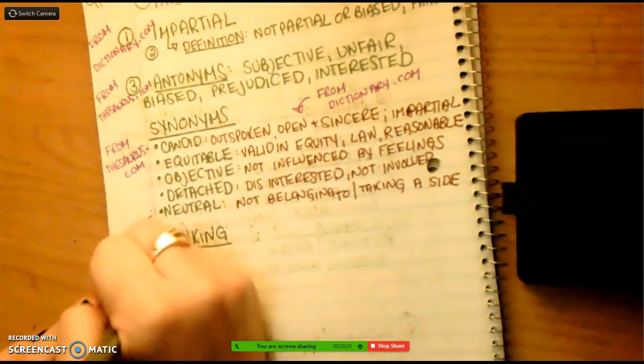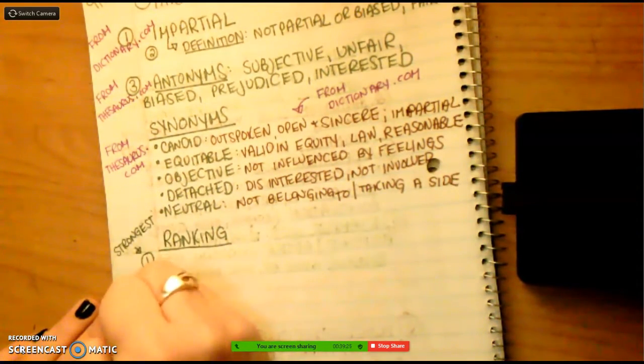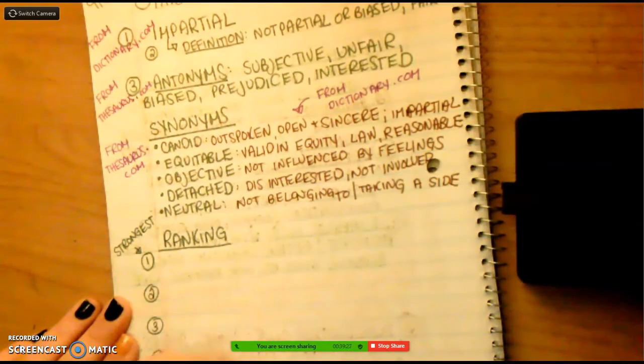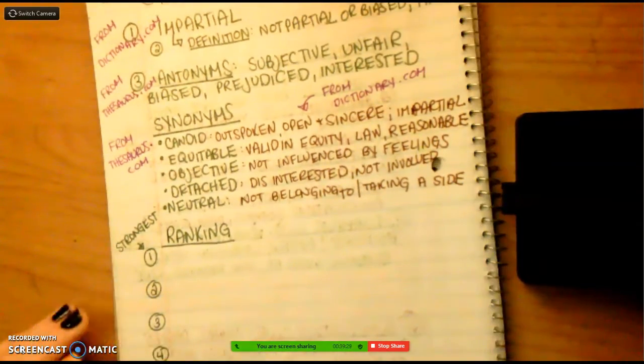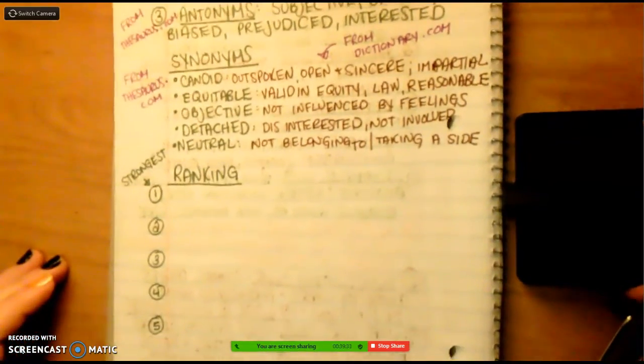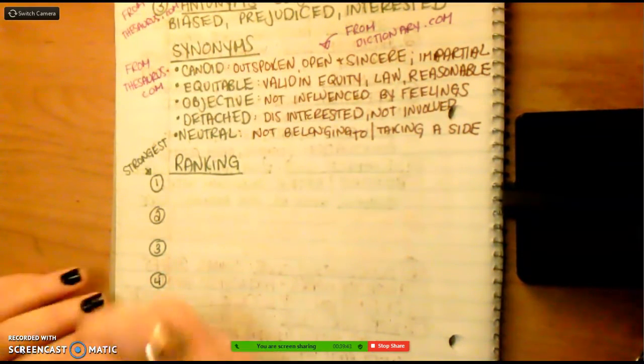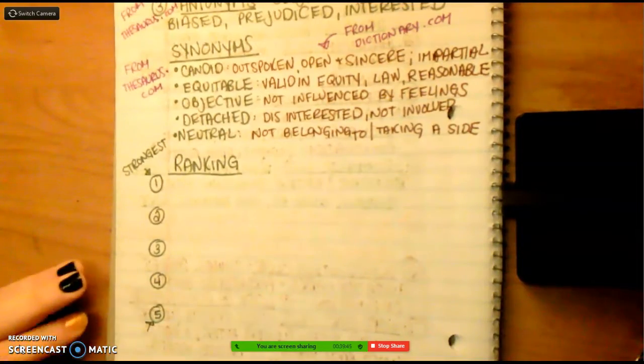And I'm going to skip lines so I can have room for my sentences. All right, so now I move from 1 to 5. And now it's time for me to rank these words. So I'm going to look at the definitions and think about which one seems the strongest to me and why. Number 5 is the weakest.